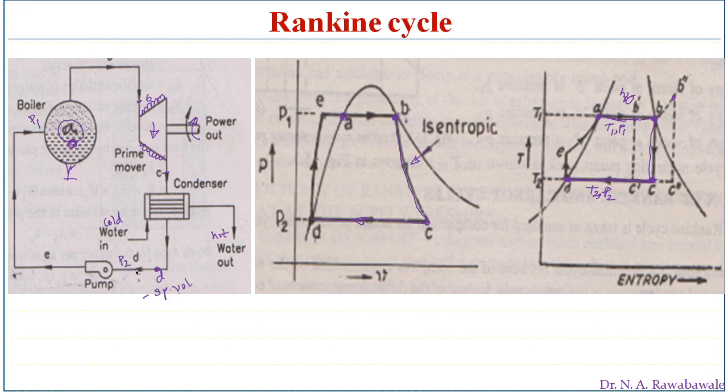So it is necessary for us to supply this condensate as a feed water into the boiler. Therefore, pressure of this condensate has to be increased. So that is pressurized using a pump. So pressure is increased from D to E using a pump. So D to E is nothing but the fluid is pressurized, and it is supplied into the boiler.